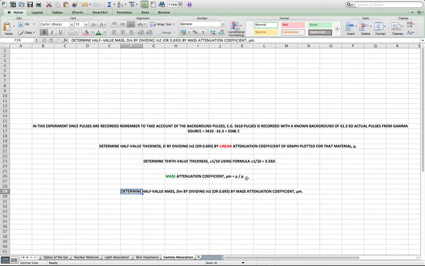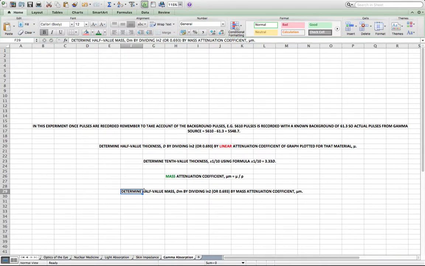So you'd rearrange this: the linear attenuation coefficient divided by the mass attenuation coefficient would give you the density, and maybe they would have a reference table with different densities in it, and you'd see which one that's the same as, and then say therefore the material is aluminium, for example.